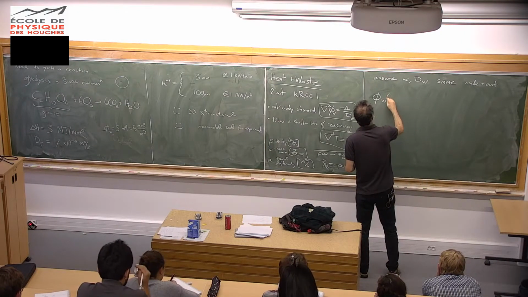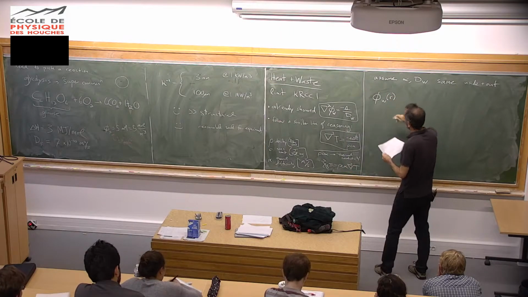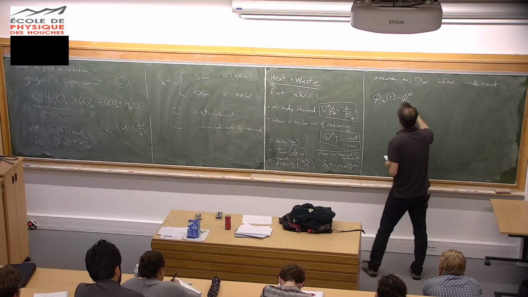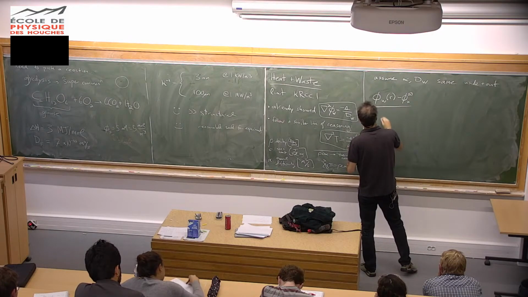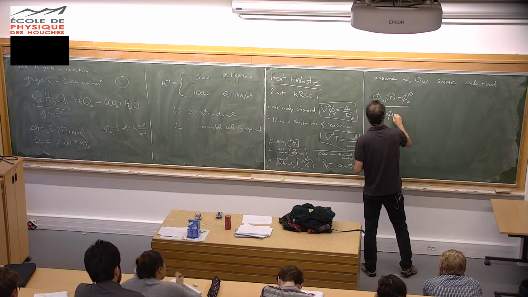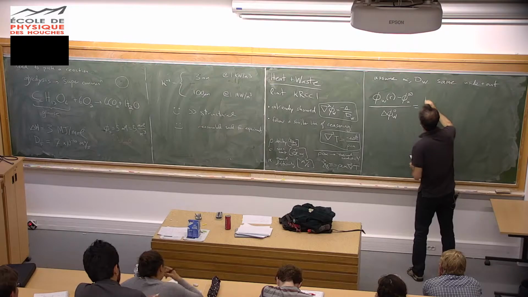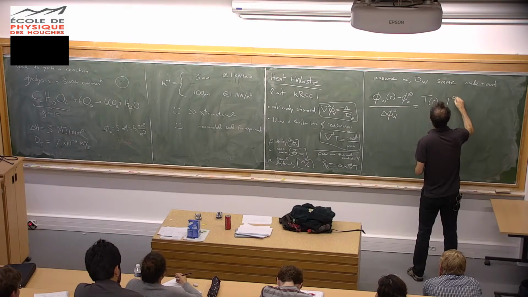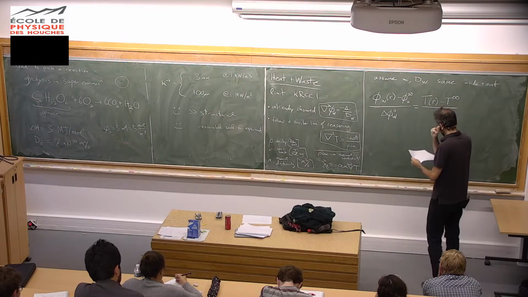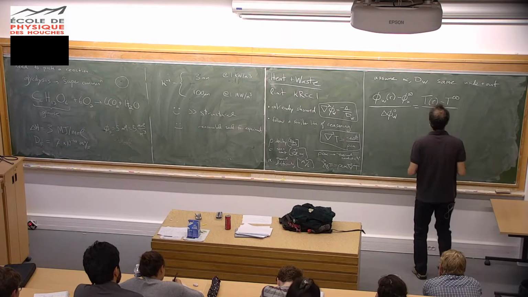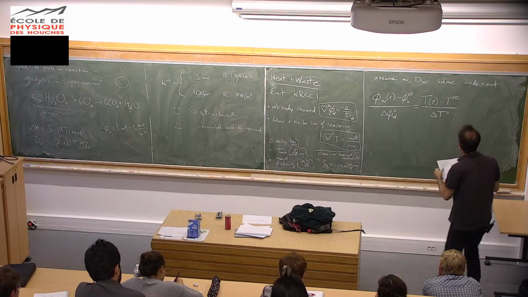So the concentration of the waste at any position compared to the concentration at infinity, normalized by the excess amount of waste at the center, has the same functional form as the temperature profile minus the temperature at infinity divided by the excess temperature at r equals 0. And again, I'll write that down in a second.